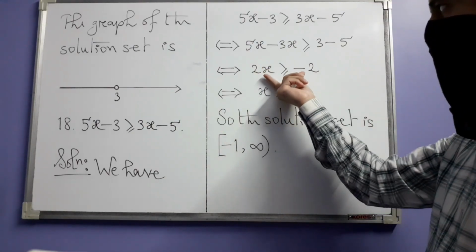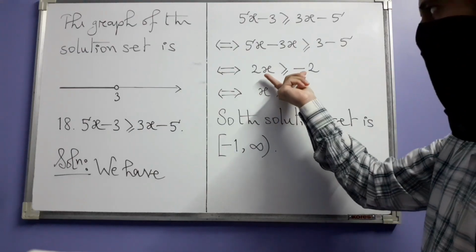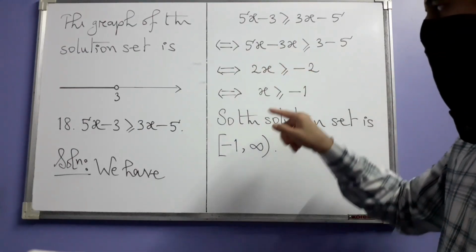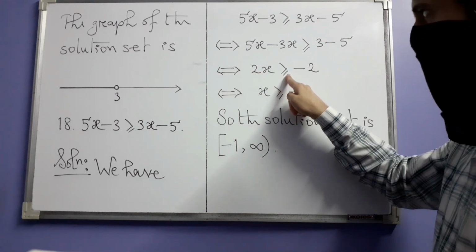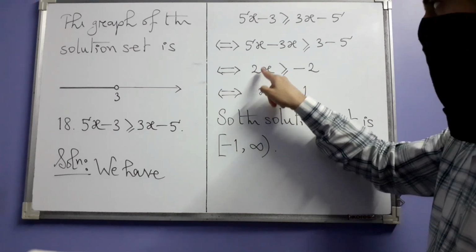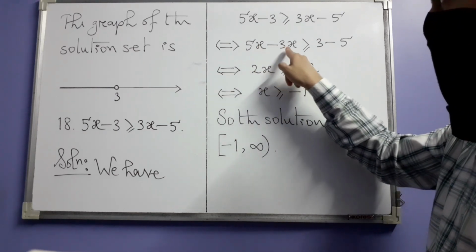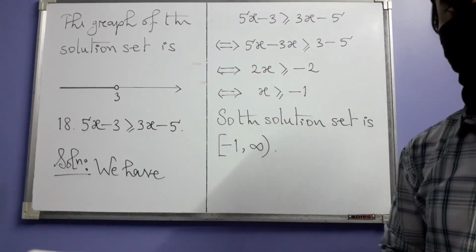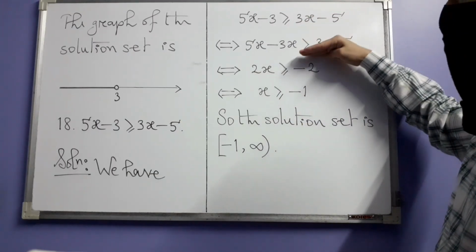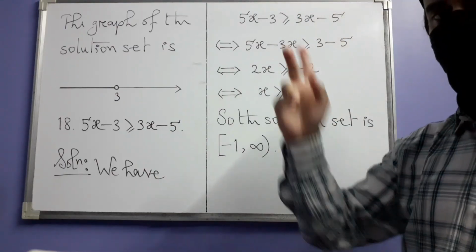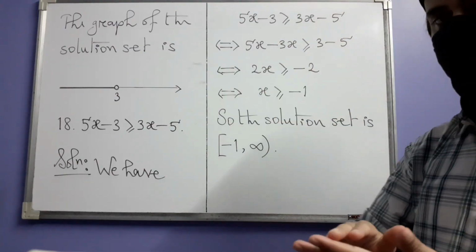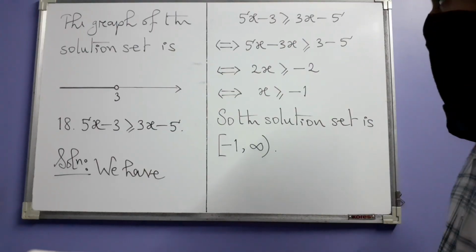We divided by 2 to get to this from there, so now we have to multiply by 2. 2 is also positive, so the inequality will maintain its direction. And 2x, of course, you can write as 5x minus 3x, and in place of minus 2 you can write 3 minus 5. And to get to this from here, you have to follow those 2 steps. I mean, not exactly those steps, but their opposites.